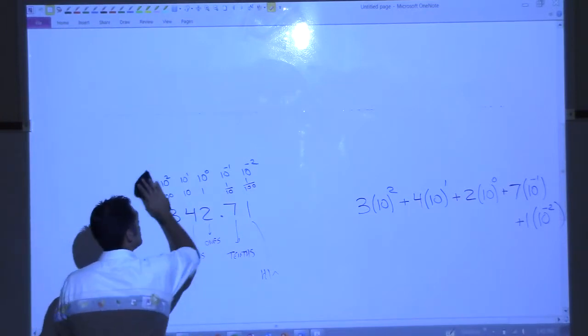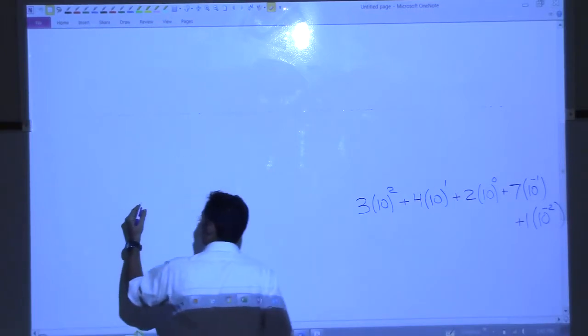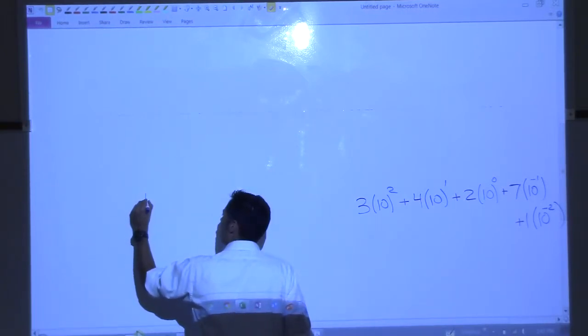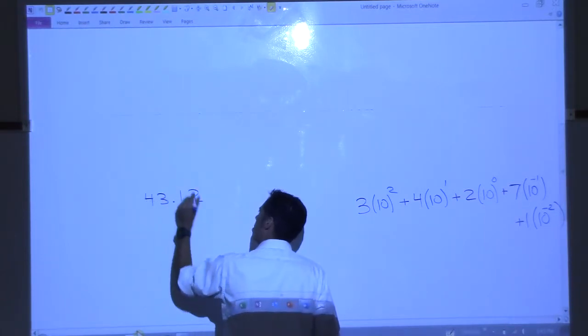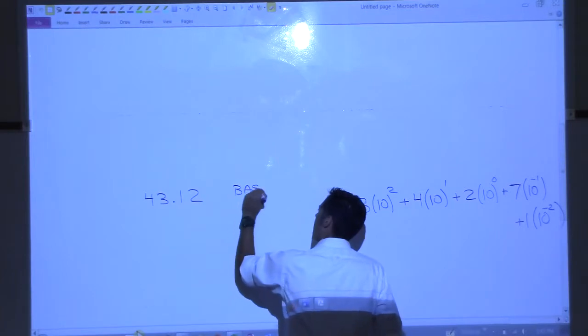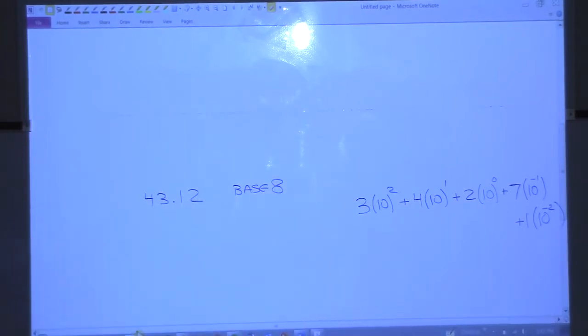So now let's consider this number. I'm telling you 43.12 in base 8. I'm writing that in base 8. What is that number in base 10?